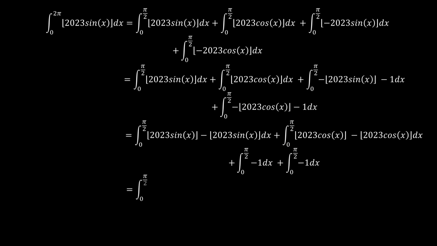Eventually, we have the integral of negative 2 from 0 to pi over 2. And so when you do the mathematics there, you have negative 2x with limits 0 to pi over 2. So that means that's negative 2 times pi over 2, because the lower limit is 0, and the answer is negative pi.